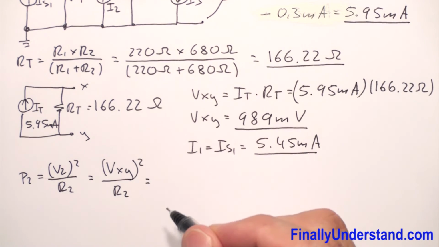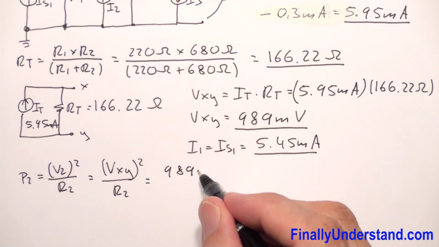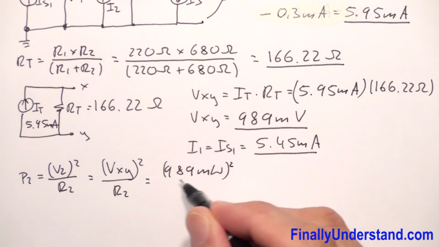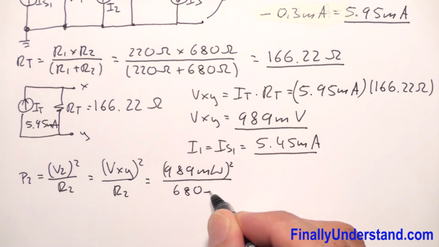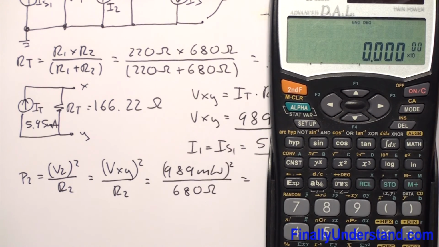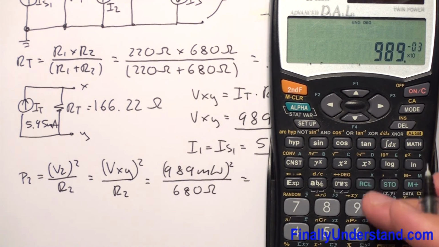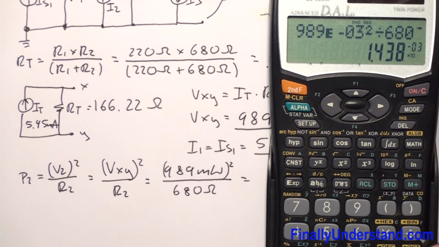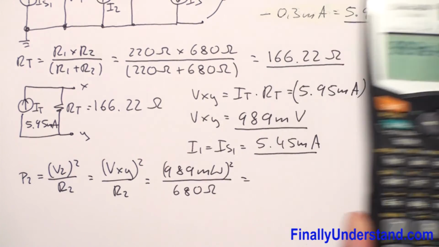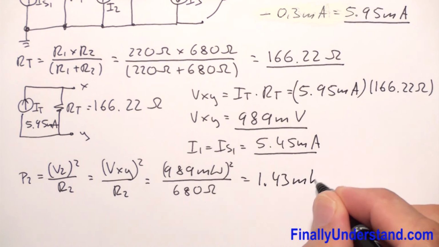So VXY is equal to 989 millivolts to the second power over R2, which is equal to 680 ohms. So I have 989 exponent 3 negative to the second power divided by 680 equals 1.43 milliwatts.